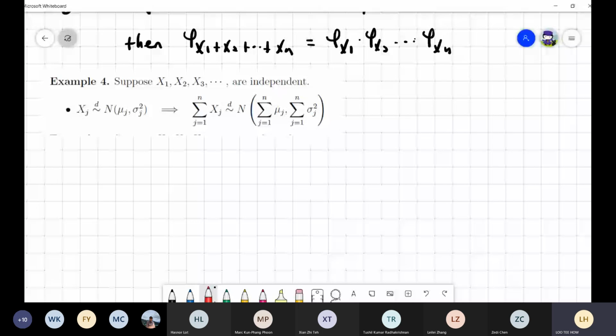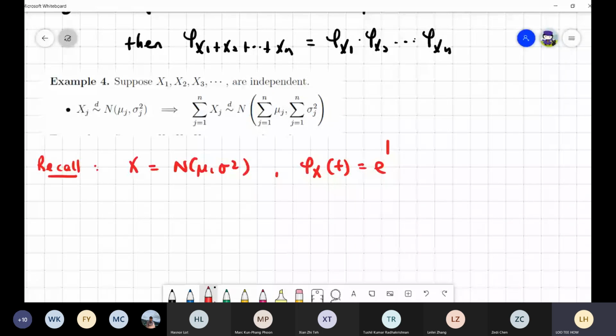If x has a normal distribution with mean mu and variance sigma square, then its characteristic function is given this way: e to the power of i mu t minus sigma square t square over 2.